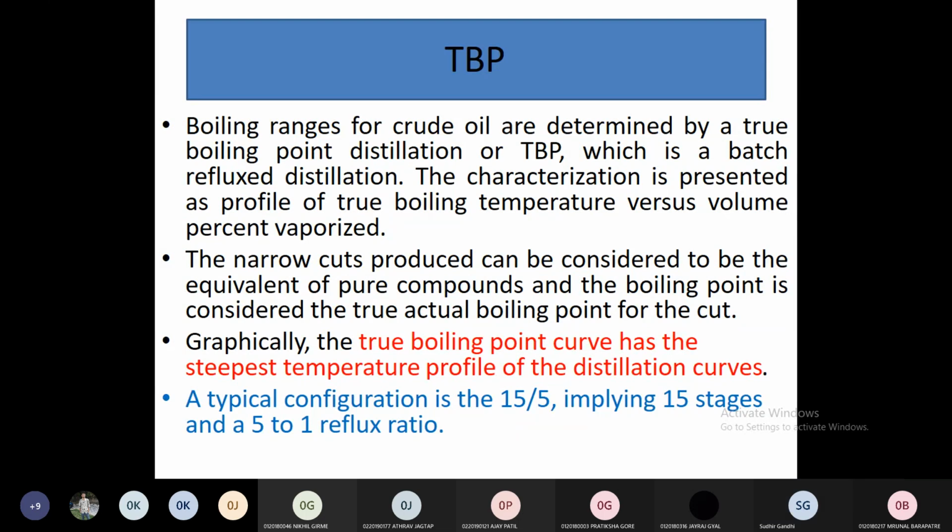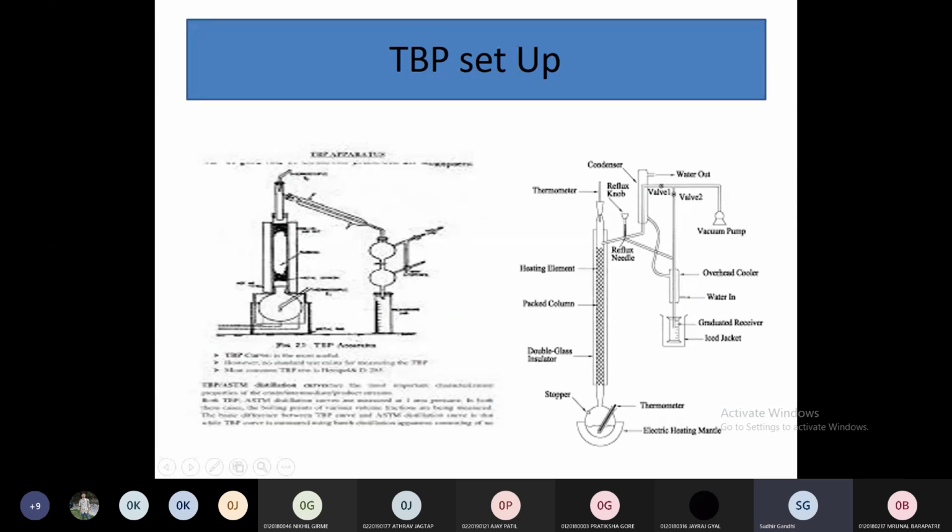testing method. Okay. Now this is the experimental setup which is there in our lab as well. I have explained the different parts and how the separation will take place. We charge our crude oil into a round bottom 3-neck flask, and the center neck of the round bottom flask is connected with a packed column, and we will be heating the crude oil charged in the flask.